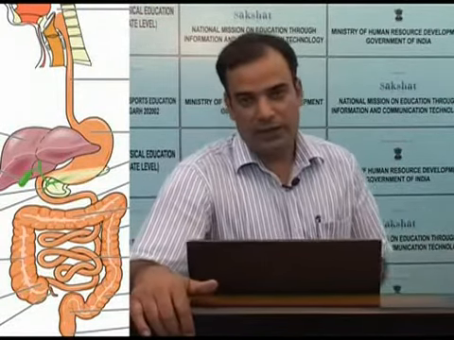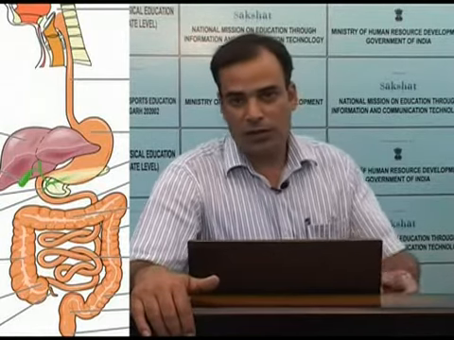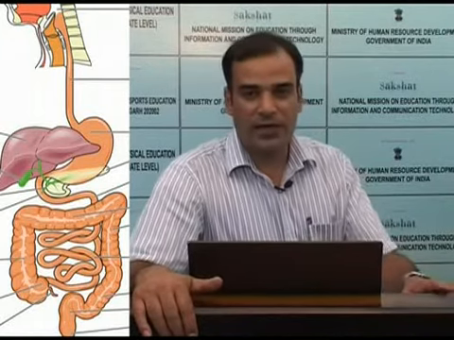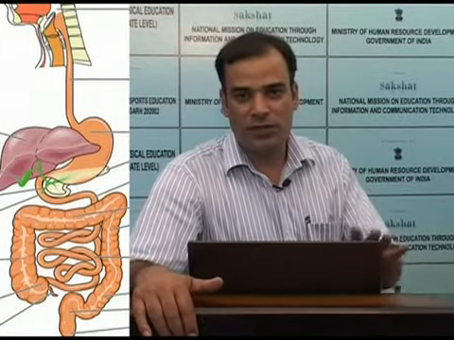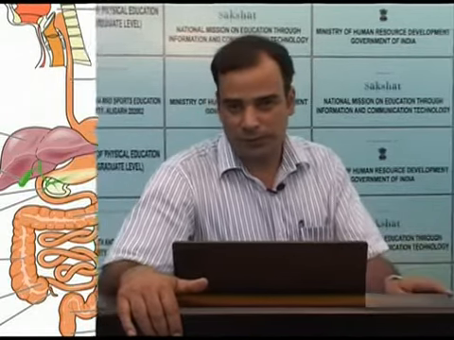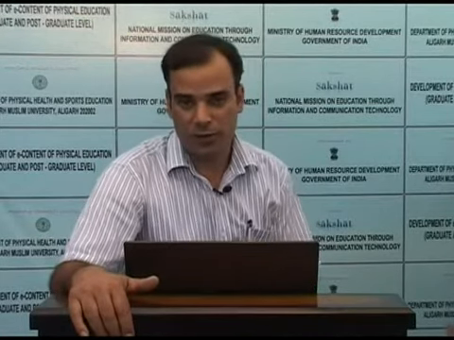In GIT, the endocrine cells that secrete the hormones are not organized into a gland. In fact, they are scattered throughout the GIT wall. It may also be said that GIT is one of the largest endocrine organs of the body.